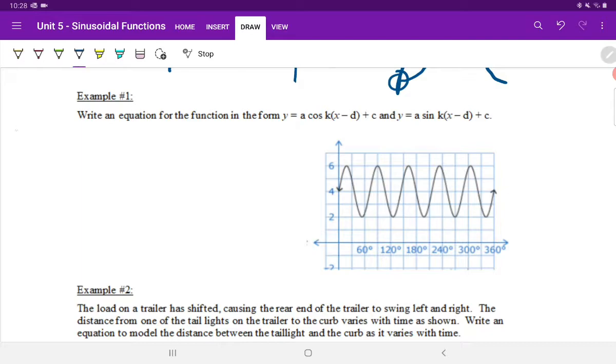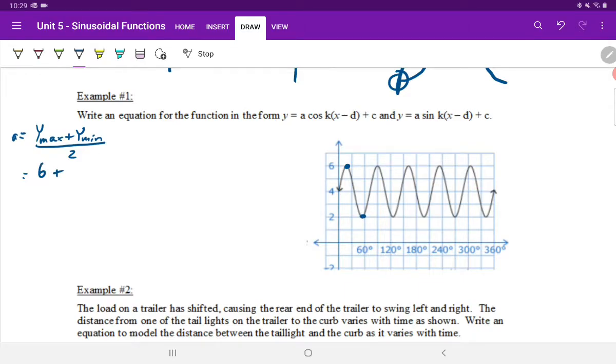Okay, so let's find A, my amplitude, and actually I can probably just look at this graph and find it all, but I'm going to go through the act of calculating everything. It's your y max minus your y min divided by 2. Okay, so my maximum y value is 6.